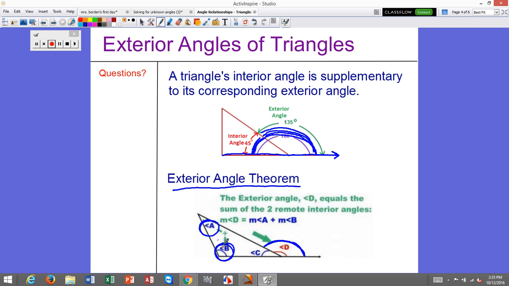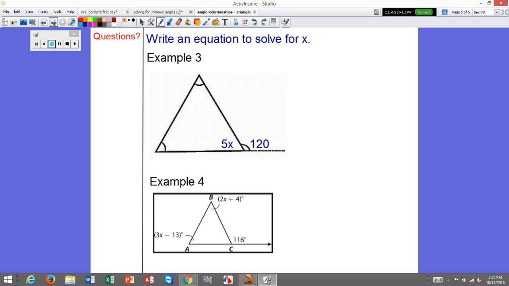So the 2 interior angles that are away from the supplement. So C is the supplement. The A and the B that are separated from that supplement, those 2 added together will equal the value of that exterior angle. Okay, so that's what we know from the exterior angle theorem. So let's practice that in a couple examples.